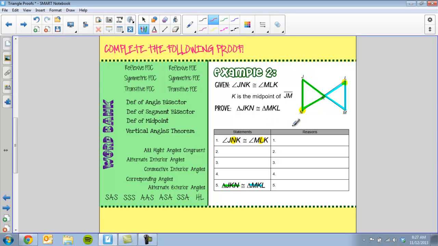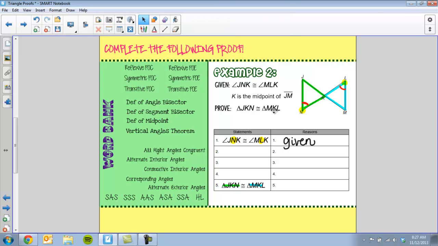And order does matter when trying to prove congruence. So the N is in the middle, and we've gone J, N, K. So we're referring to this angle, and MLK, so we're referring to this angle. And the reason order matters is because of those corresponding parts. Alright, so angle N corresponds to angle L.